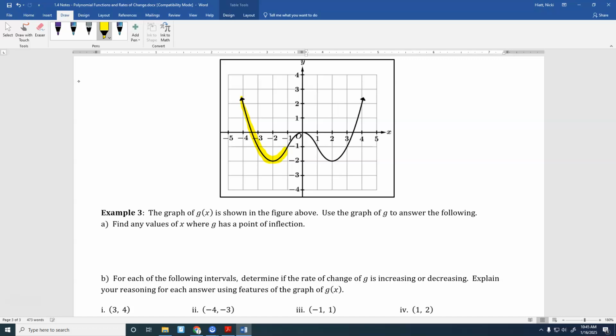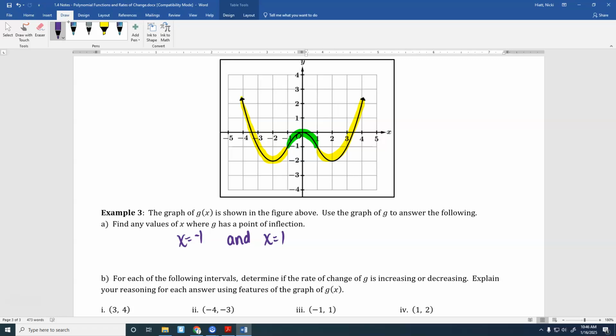But somewhere in here, I would say probably at x equals -1, it looks like we switch to concave down, or curved down, right here. And then if we go all the way over, it looks about at x equals 1 that we switch to being curved up again. So your points of inflection for this graph would be at x equals -1 and x equals 1.